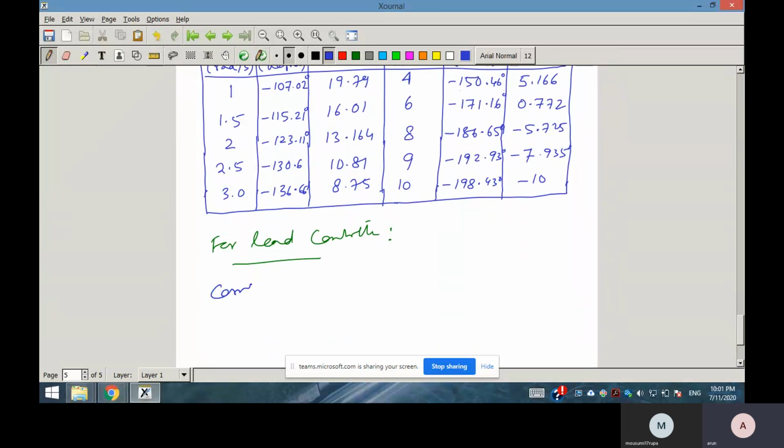We need the compensated system phase at omega c. Omega c is not given. How much compensated system phase do we need? Compensated system phase is given.